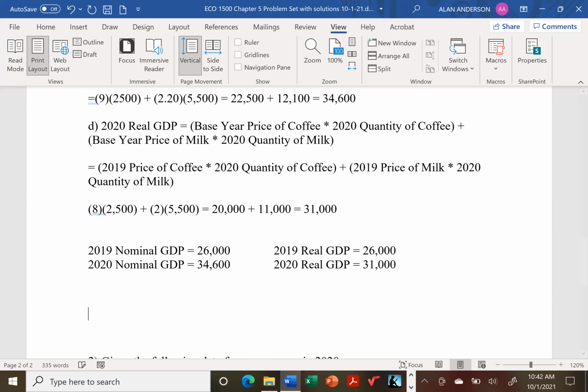All right. So I just want to point out that nominal GDP has increased by, and it doesn't ask you to do this, by the way. I just want you to see this. All right, so the percentage increase in nominal is, let's see.